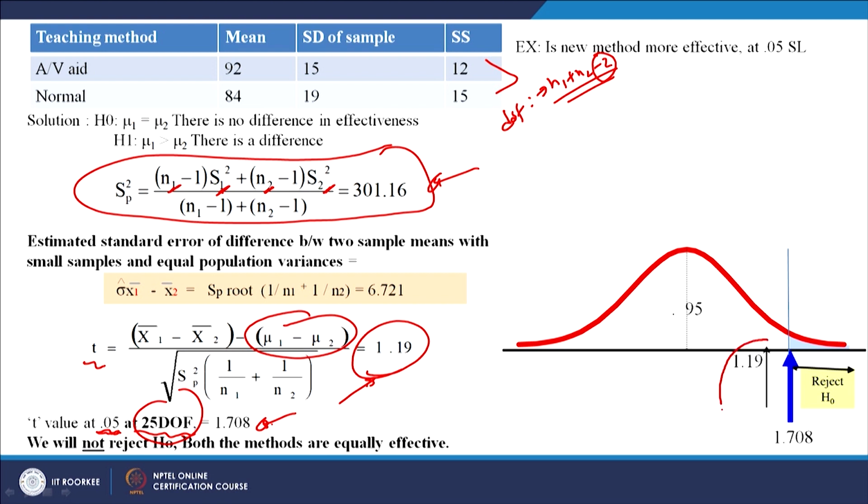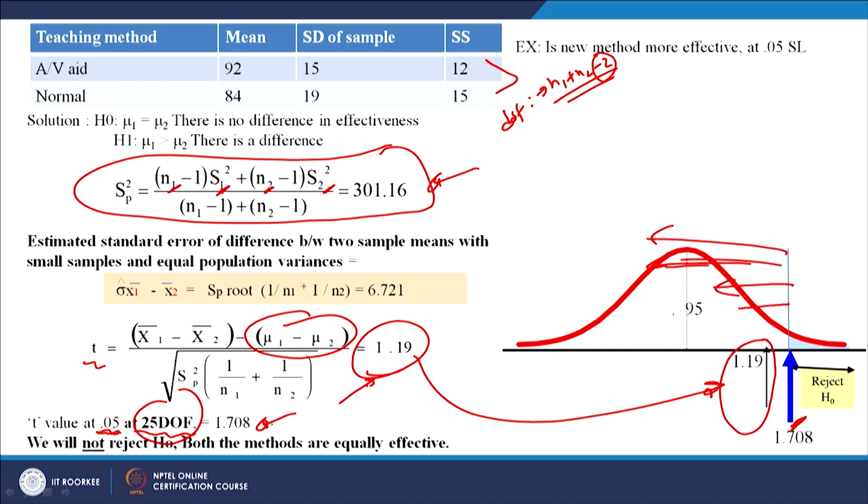So, this is our calculated t value here, and this is the table value, right. Since our calculated value is in this region, we will not reject the null hypothesis. So, at the end of the day we will take the decision that we will not reject the null hypothesis and we will conclude that both these teaching methods are equally effective.